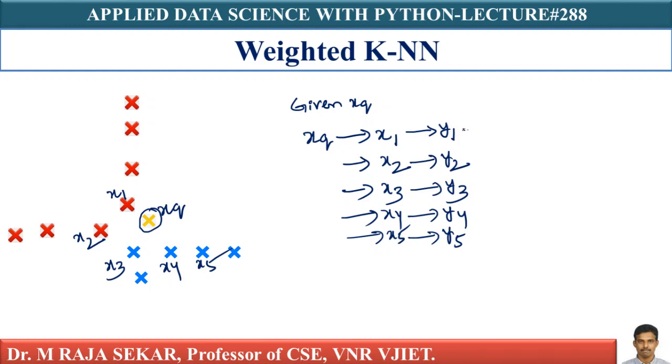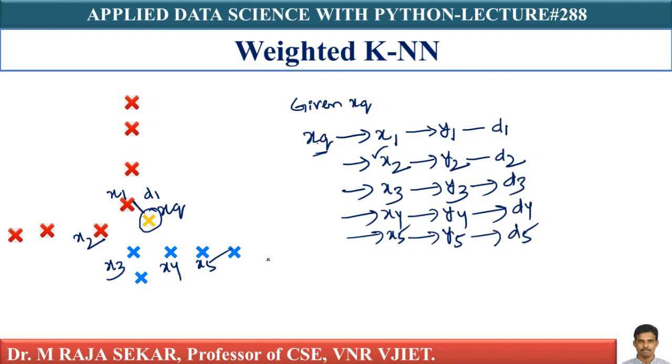Let the distance between xq and x1 be d1, between xq and x2 be d2, between xq and x3 be d3, between xq and x4 be d4, and between xq and x5 be d5.